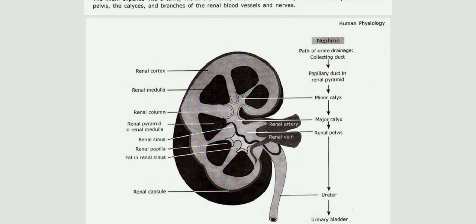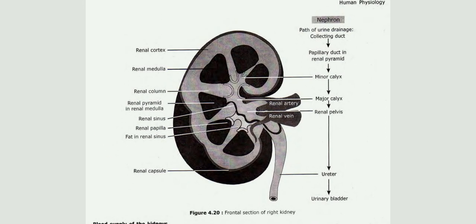Let's learn about its structure. We could see portions like the renal cortex region, along with the renal medulla, then renal columns, renal pyramid in the renal medulla, then renal sinus along with renal papilla, then fat in the renal sinus, then renal capsule, then renal artery, renal vein.